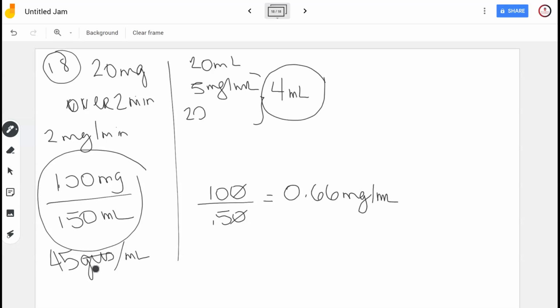So now your desired dose is 2 milligrams. You have 0.66 is your dose on hand. And you are going to use a 45 drop set. So 2 times 45 is 90 divided by 0.66.